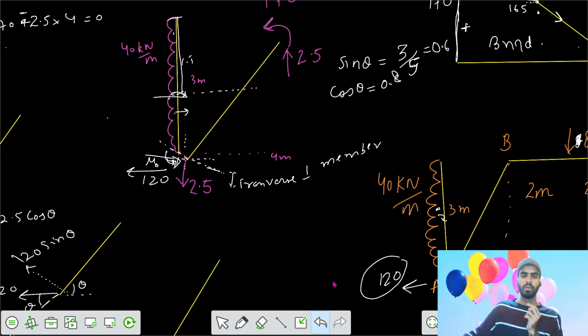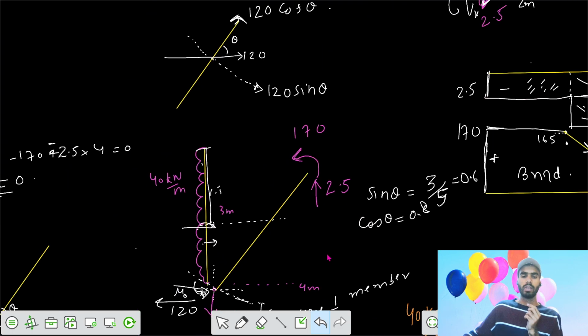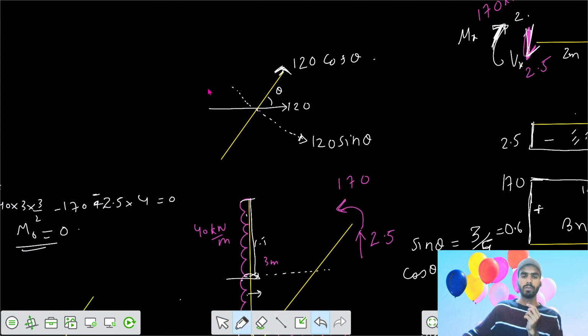Say this was for the UDL, then it was your equivalent 120. So finally we got the values: 120 cos theta equals 96, and 120 sine theta equals 72 kilonewton.